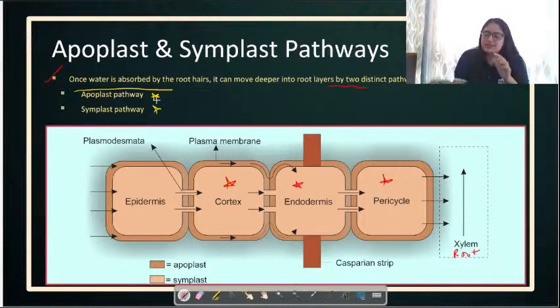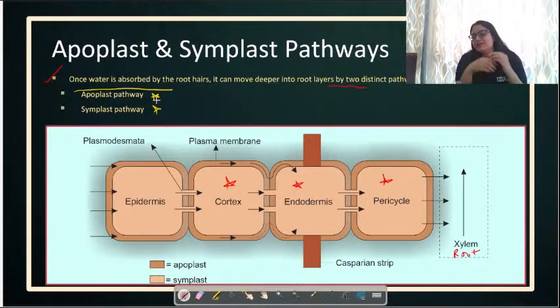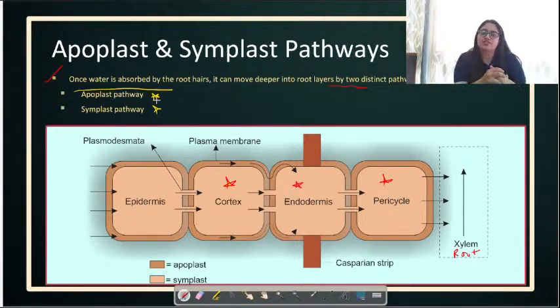So listen to this carefully now, students. Apoplast and symplast are the two types of pathways that water can take in order to reach the root xylem, which is exactly the destination, right? From where the water will be transported to the stem as well as to the leaf xylem.